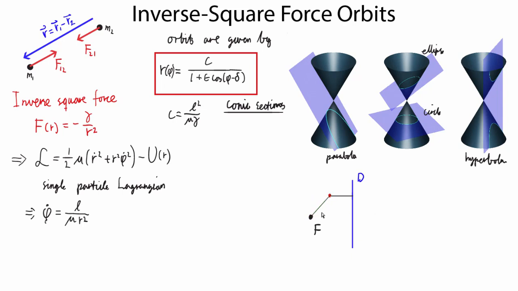A conic section is given by this focus and this directrix such that the shortest distance from this point to the directrix divided by the distance to the focus is a fixed ratio. So this is how we would put it in words.